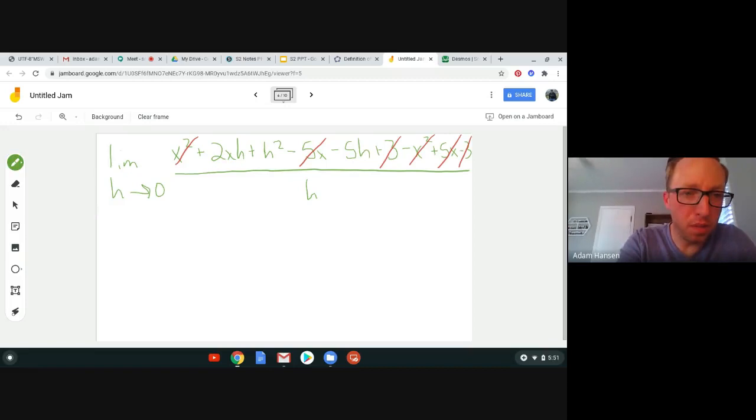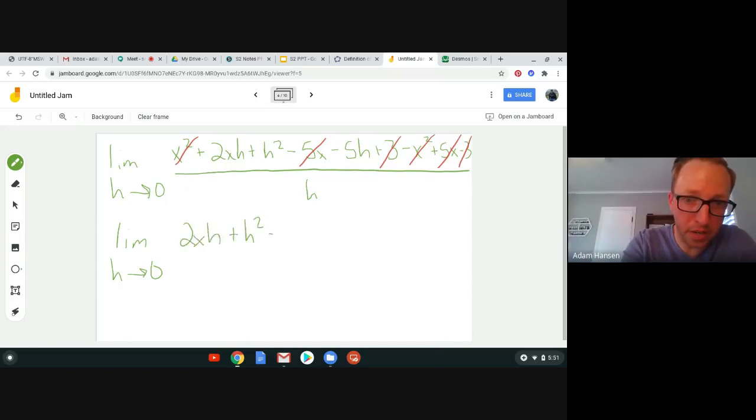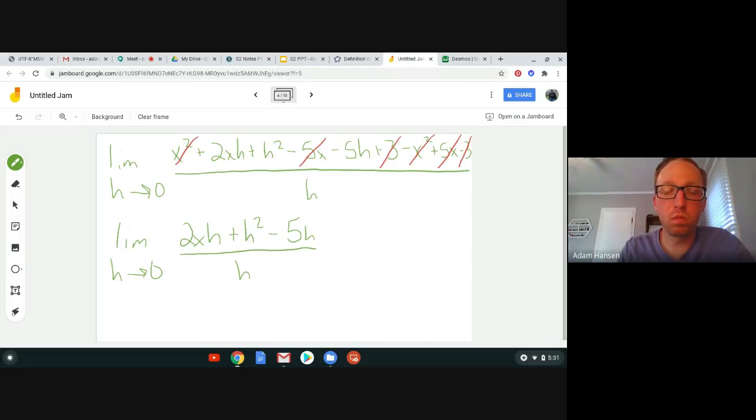What I'm left with is the limit as h goes to 0 of 2xh plus h squared minus 5h, divided by h. What can I divide out? Well, all of these terms contain an h. Here, here, here, and here.